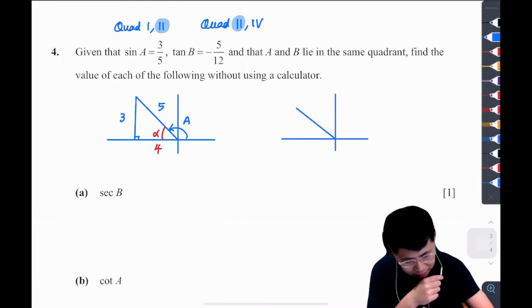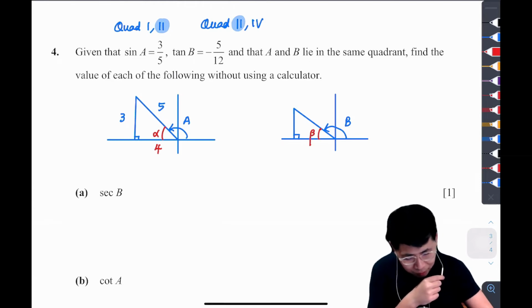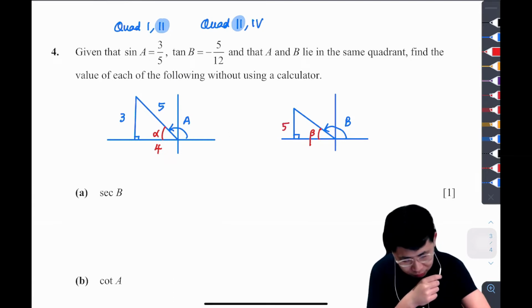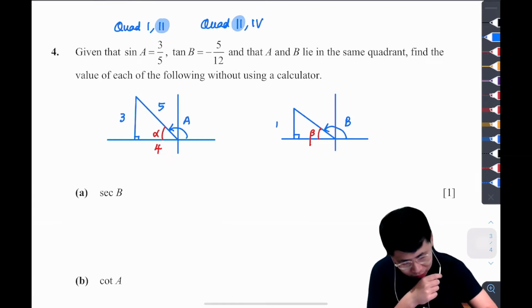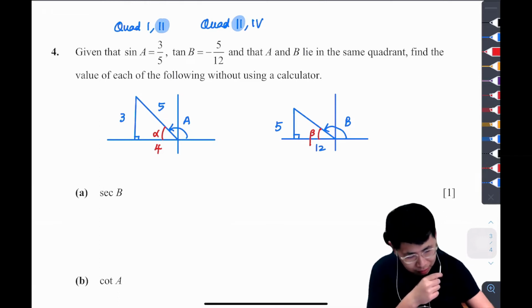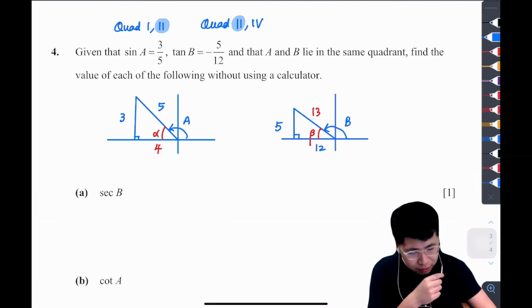So this is angle B, and the basic angle, I'll call it beta. Tangent is opposite over adjacent, so opposite is 5, adjacent is 12, the hypotenuse is 13. It's a 5, 12, 13 triangle.